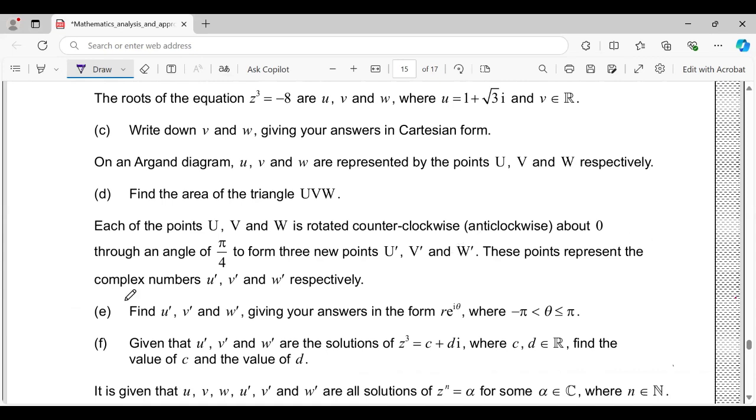These points represent the complex numbers u', v', and w' respectively. Find u', v', and w', giving your answer in exponential form, according to Euler, where theta is greater than minus pi, less than or equal to pi, okay, not including minus pi.